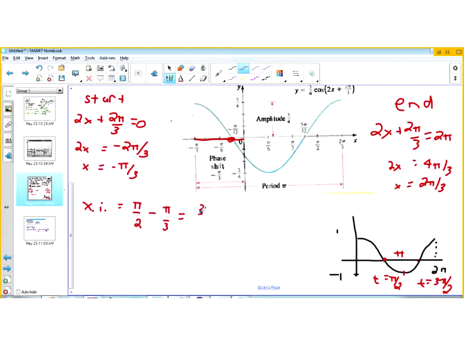Let me think here. We did a phase shift of pi thirds, so, hang on, let me check that result. Phase shift. Oh, that's not right.